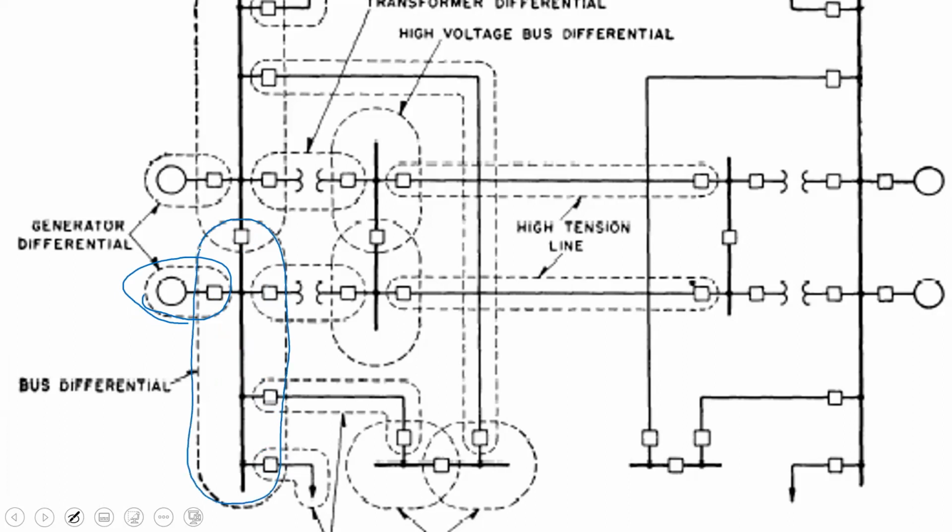Remember what I said a zone is? Equipment plus breakers. So the equipment being protected here is the bus bar. And the breakers associated with that are this bus tie and all of these breakers. Yes, Mr. Johnson?